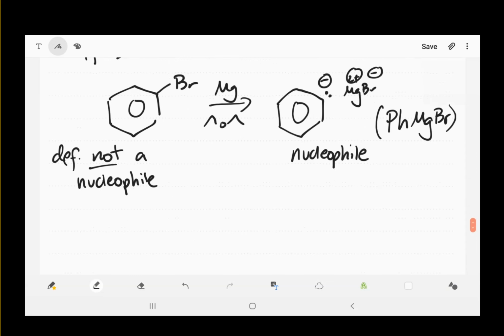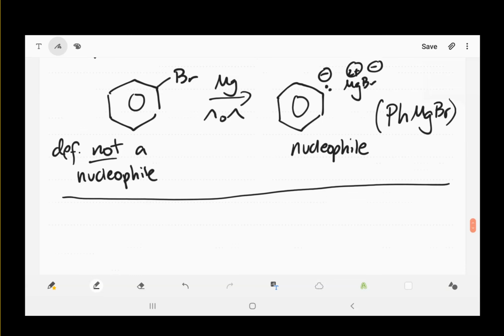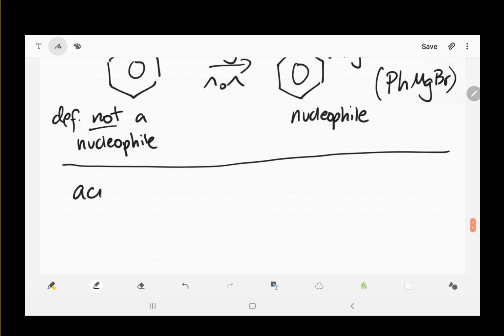So, just in the interest of completing this stuff on time, just so you guys can talk about it in lab tomorrow if you need to, there are other ways to break epoxides open. If you wanted to use an acid, you can do that.